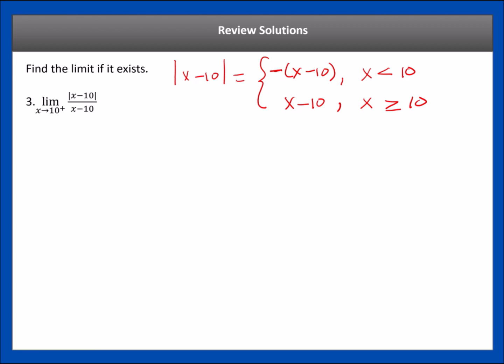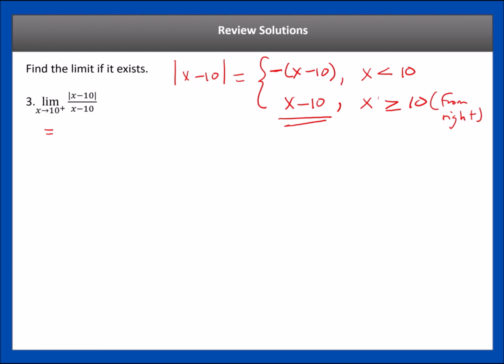Okay, so since we're doing the limit as x approaches 10 from the right side, we're going to be using this portion right here. So we can replace the absolute value of x minus 10 with just x minus 10.